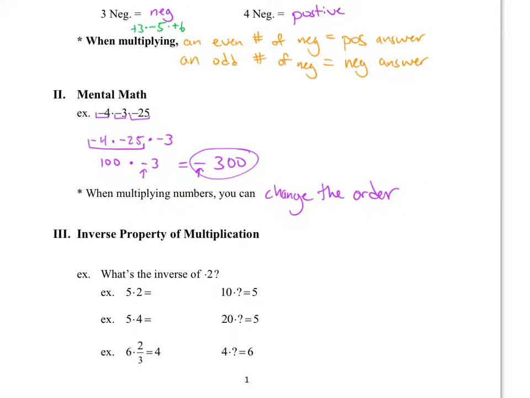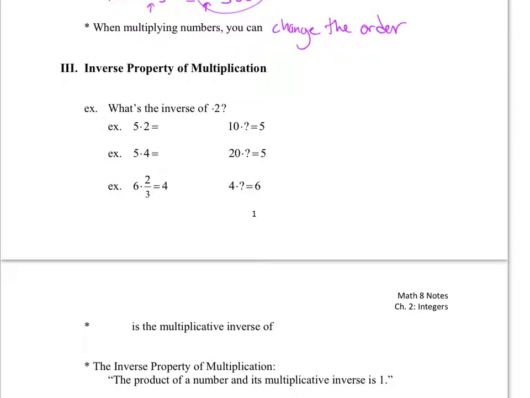Well, now we're going to talk about division a little bit. And to do that, I'm going to use this thing called the inverse property of multiplication. So when you think about inverse, it's like the word opposite. So inverses undo each other.